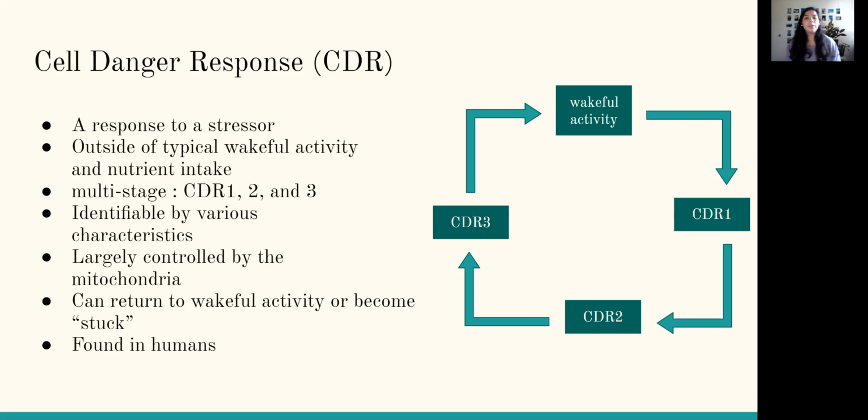Things are working properly. However, when it is faced with a stressor, internally or externally, it goes into what we call CDR, cell danger response. And so it moves out of that wakeful activity into CDR. And CDR is a cyclical multi-step process, and it goes from CDR 1, 2, and 3.